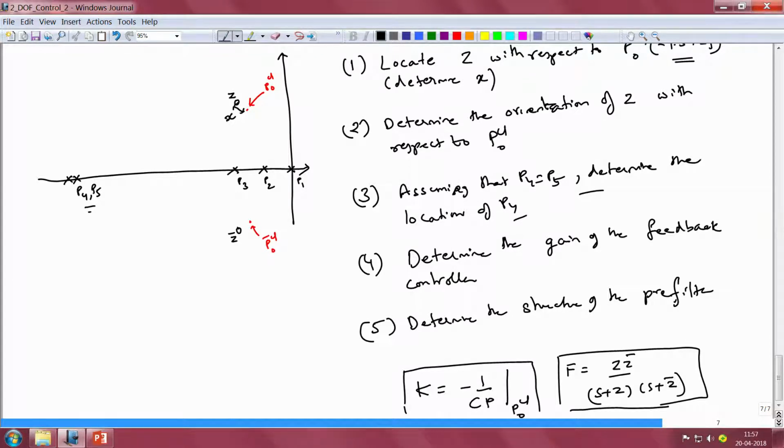So, if we revisit the 5 steps that we have in the design, just as we discussed in the previous clip, steps 2 to 5 are all very similar in their approach to the steps that one needed to adopt in the first clip, where we undertook the design to determine the orientation of the zero and the position of the far away poles of the controller, and subsequently the gain of the feedback controller as well as the pre-filter structure.